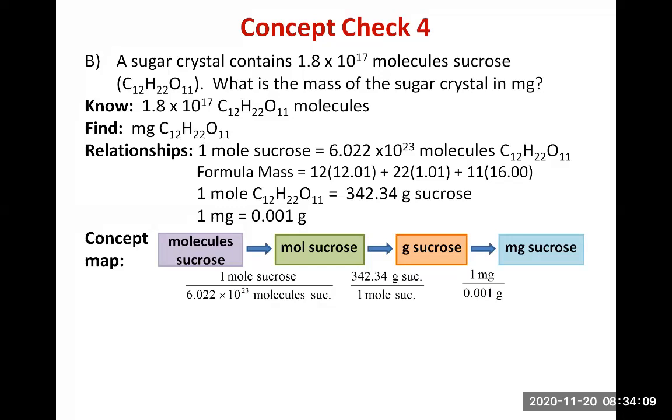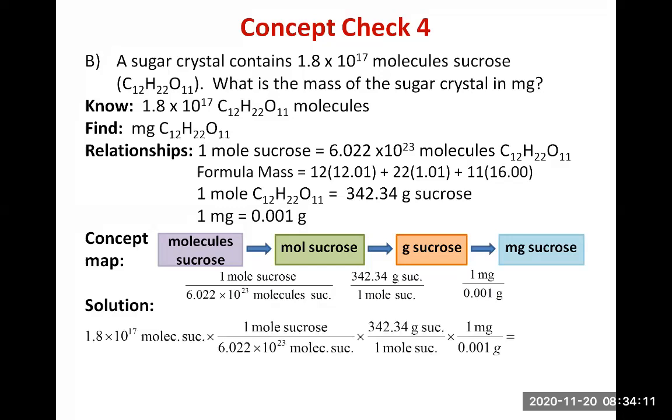So when we look at the solution, it looks like this. 1.8 times 10 to the 17 molecules of sucrose, that's the given amount, and that's in the numerator. So it's like having a line under and then a 1 in the denominator. Multiplied by 1 mole of sucrose over the Avogadro number of molecules, because we want to cancel the units of molecules of sucrose. Next, we want to cancel the units of moles of sucrose.